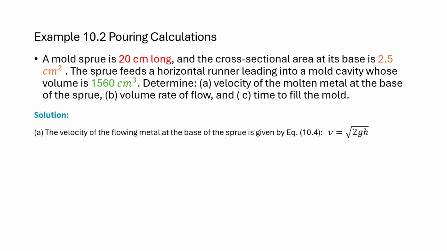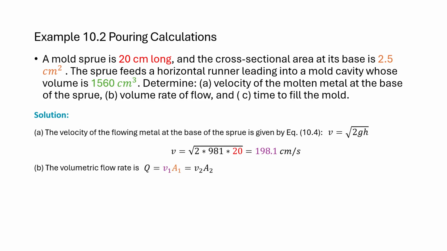So we start with the velocity first. We said that equation 10.4 is going to be used: 2 multiplied by 981 multiplied by the head of 20 centimeters. And thus, the velocity is going to be 198.1 centimeters per second. The volumetric flow rate is the velocity multiplied by the area.